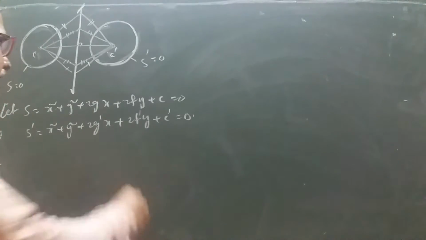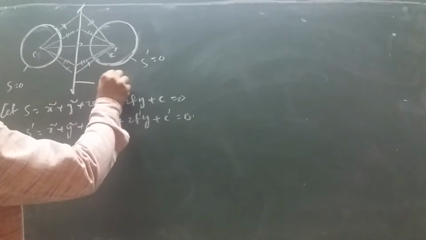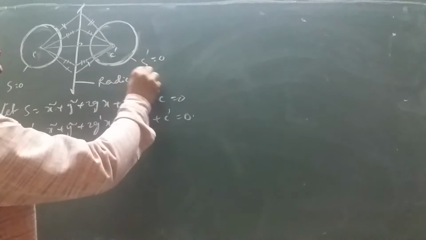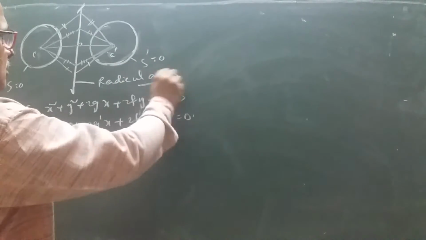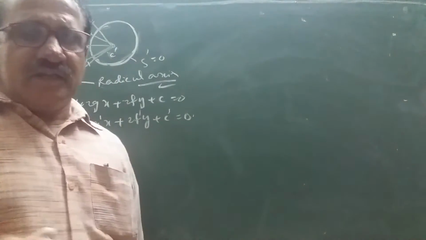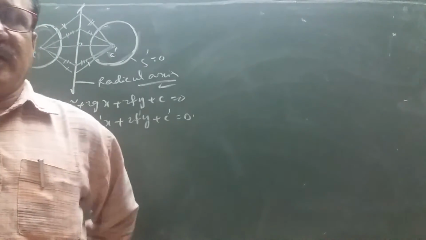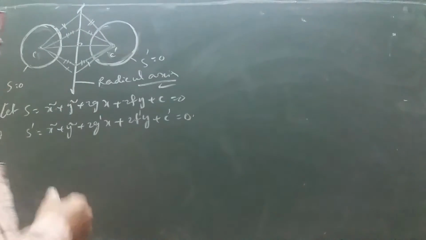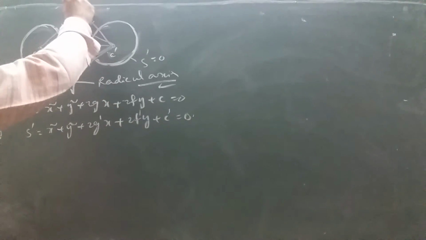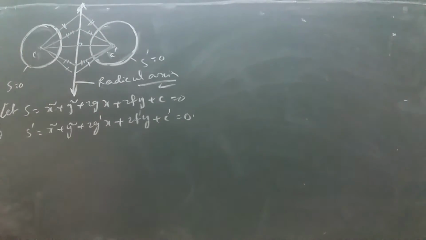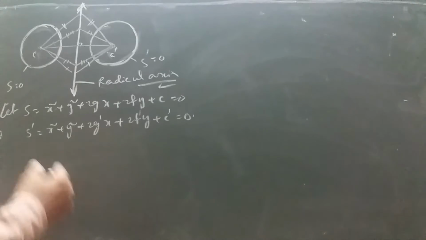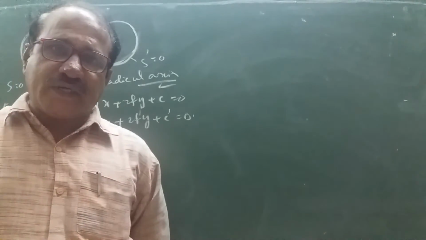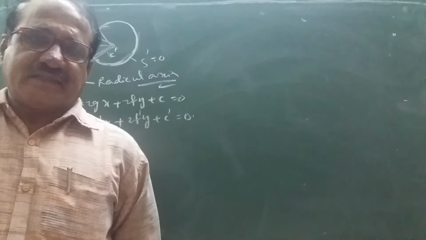This is the radical axis. In this first case, the radical axis is a straight line when the first case is two disjoint circles.